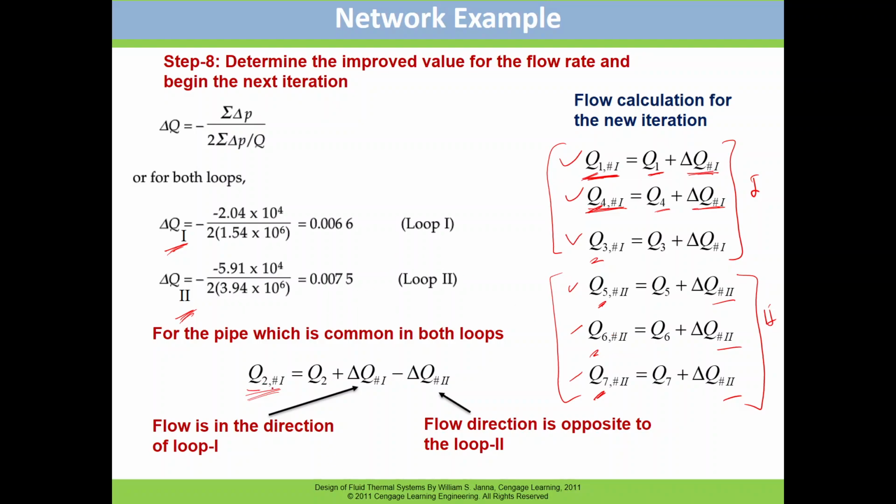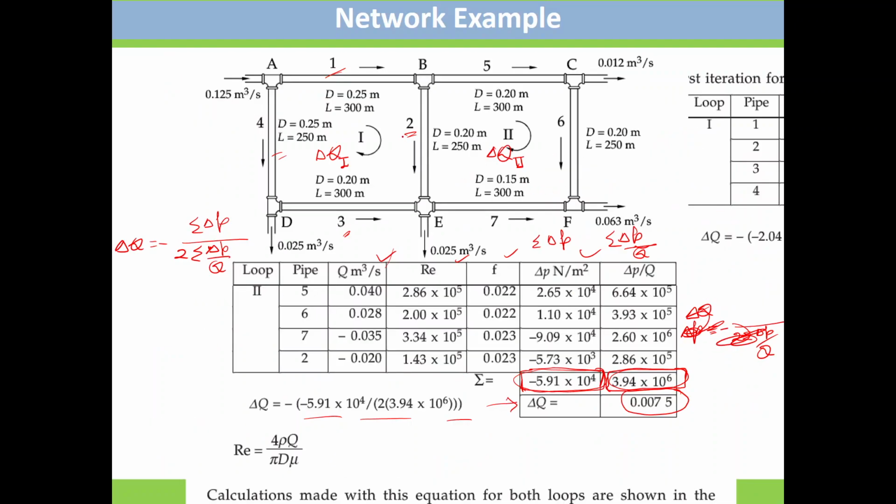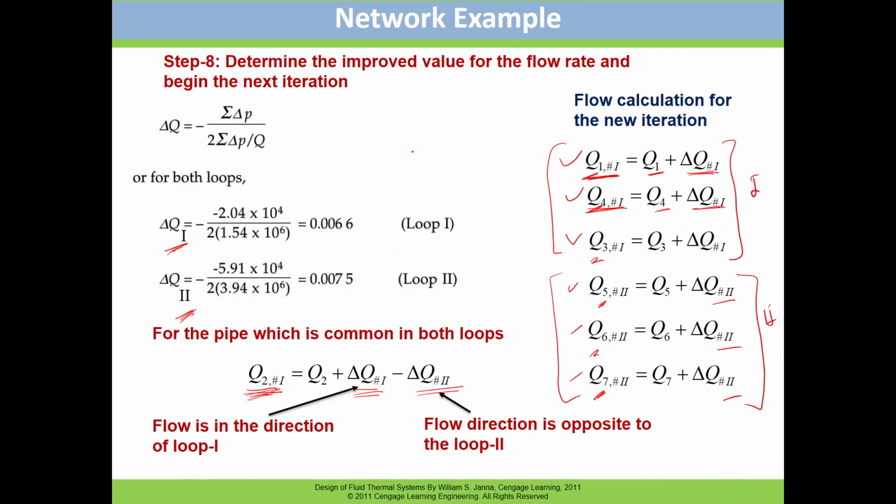But while calculating the corrected value of Q2, we add the delta Q1 and subtract the delta Q from loop 2. This is because here the fluid is flowing in the direction of loop 1, so we add, while here the flow is in the direct opposite to the loop, so this one we subtract. So when we calculate the new value of Q2, we add the delta Q from loop 1, and subtract the delta Q from loop 2.